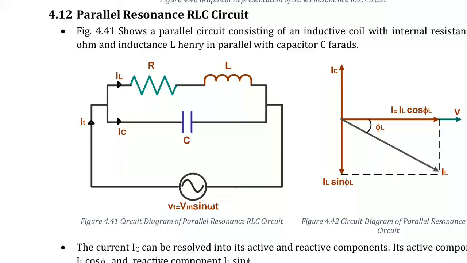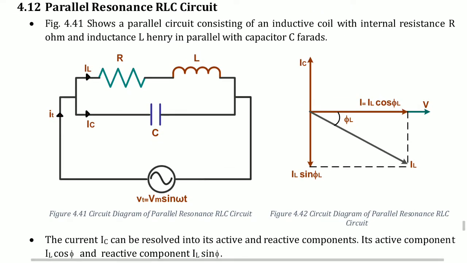Now going for the parallel resonance RLC circuit. The shown figure is a parallel circuit consisting of an inductive coil with an internal resistance R, in ohms, and inductance L, in henrys, in parallel with a capacitor C, in farads.